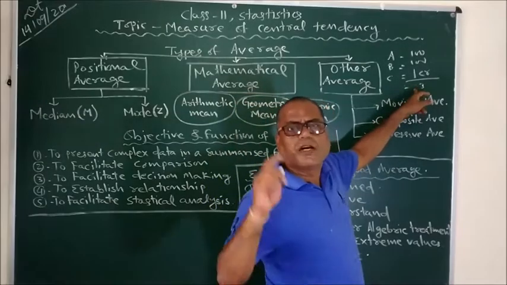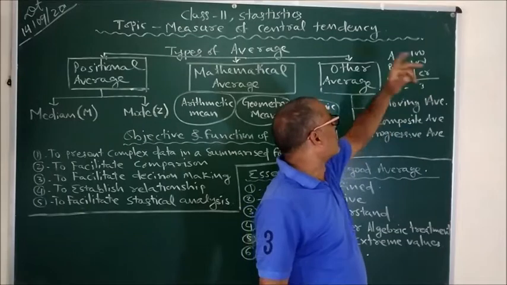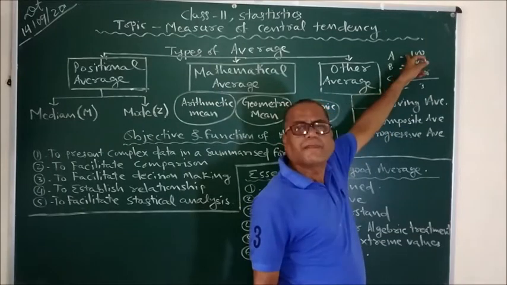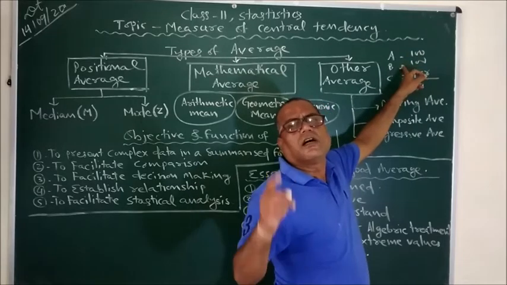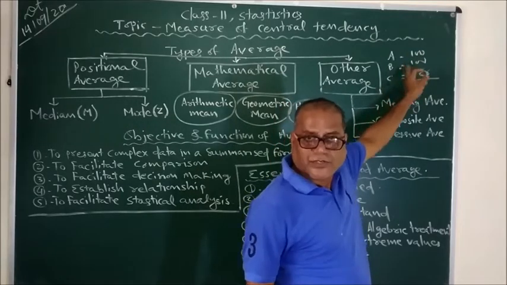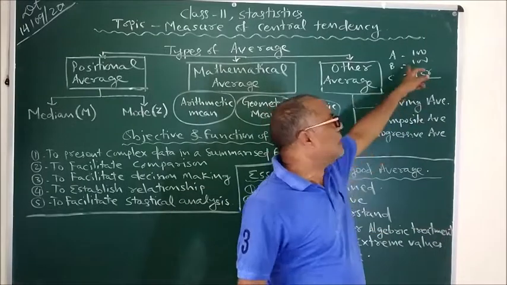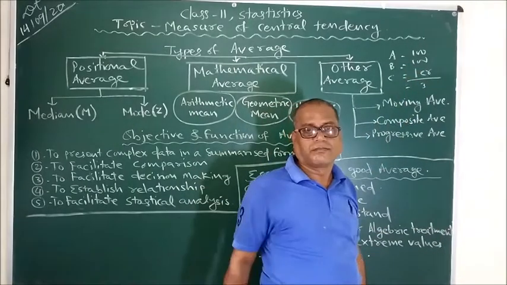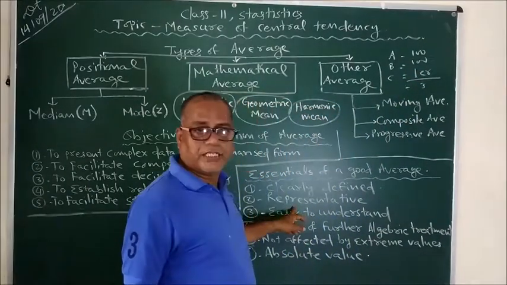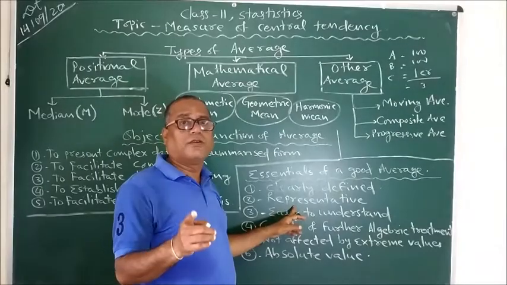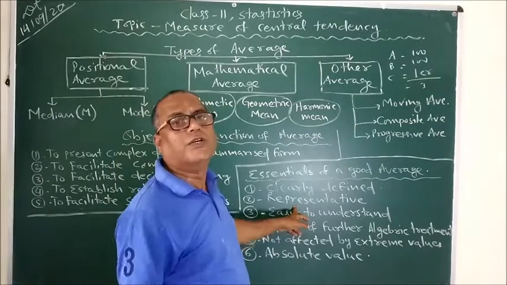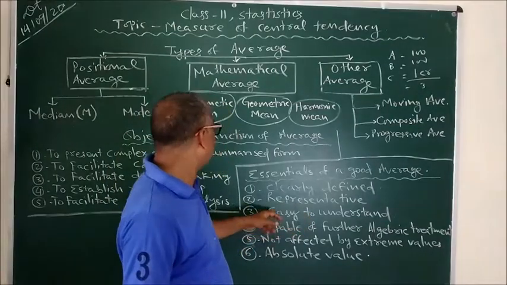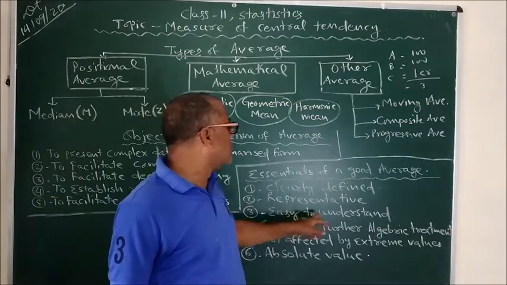So here the figure we are getting is neither representing the income of A nor representing the income of B. Hence we cannot say that it's a good average. Hence an average must be a representative value. That means it must be representing all the values of the population. The third point being easy to understand.